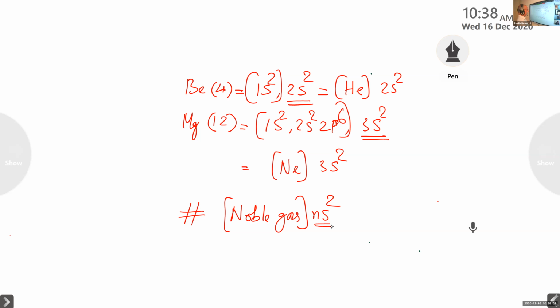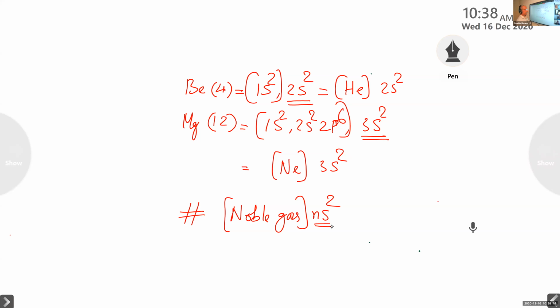For beryllium, n is equal to 2; magnesium, n is equal to 3; calcium, n is equal to 4, etc. So n is the number of the outermost shell or the valence shell. The general electronic configuration will be noble gas configuration plus ns2. Okay, so that's the general electronic configuration of alkaline earth metals.